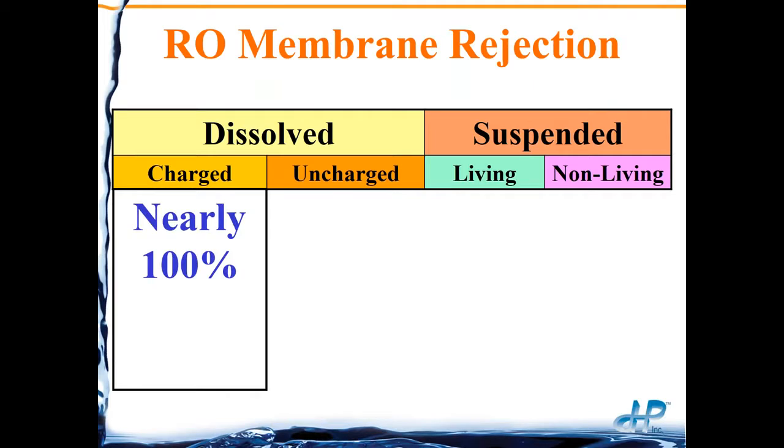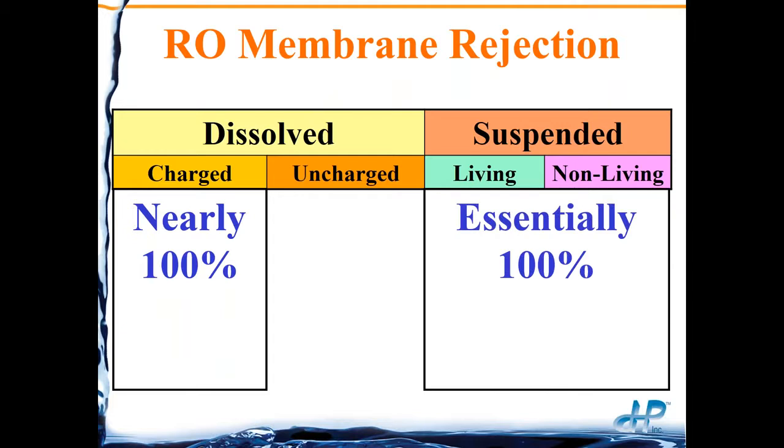RO membranes do a phenomenal job of rejecting just about everything. So we likely will get 98, 99% rejection of charged contaminants. We'll get almost 100% rejection of particles.